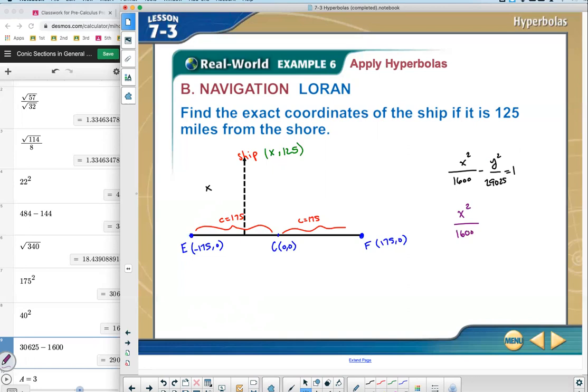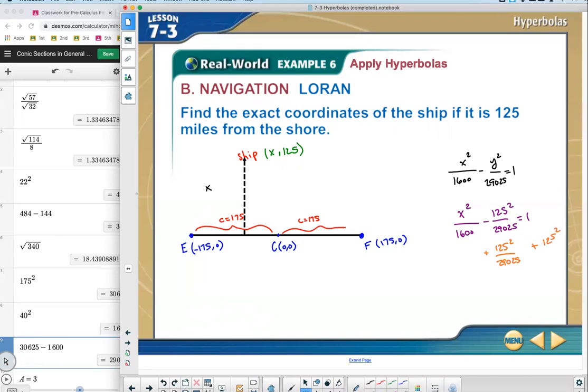It's x squared over 1600 minus 125 squared over 29025 will equal 1. Before simplifying, I'm going to do the algebra: you would add 125 squared divided by 29025 over, and I'll add it on this side as well.